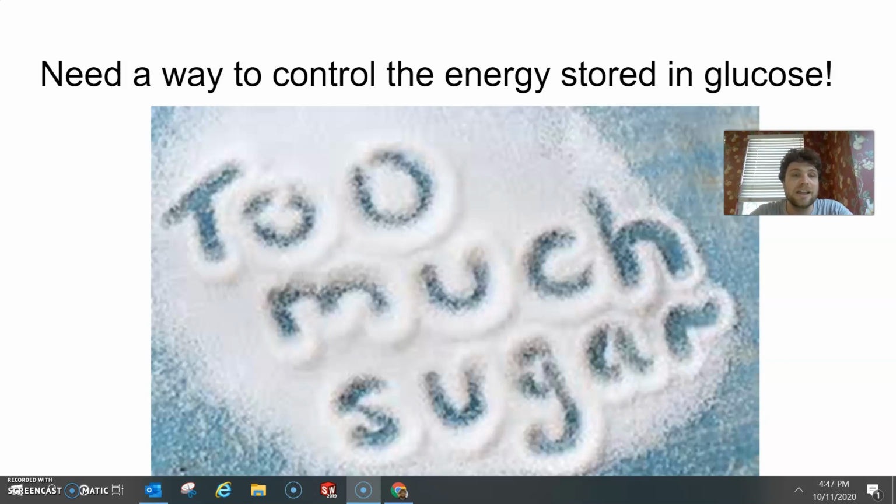And plus, if all that energy was released at one time, once seventh period rolls around and it's been a couple hours since you ate anything, there's no energy left. Your cells just used it. If you used it instantaneously, there's nothing left for your cells to use. So you need a way to take that energy from glucose, from other food molecules, and store that energy to be used in a controlled way.